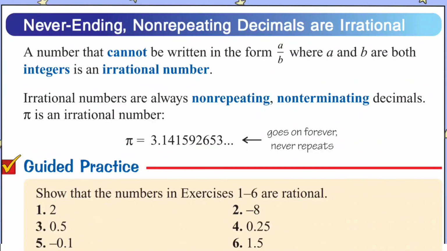Whenever we have a decimal that doesn't repeat in any particular pattern and never ends, then we have an irrational number. Such a number cannot be written in the form of a over b, where a and b are both integers. So these numbers that do not repeat in a particular pattern and go on forever and ever are irrational numbers.